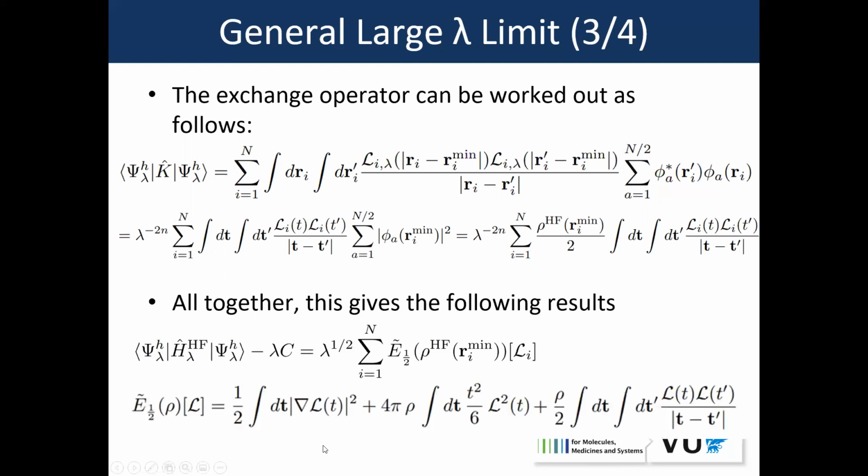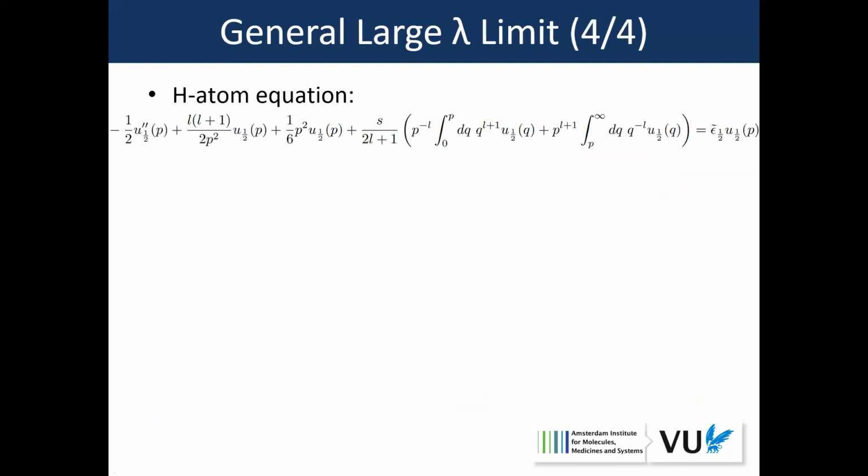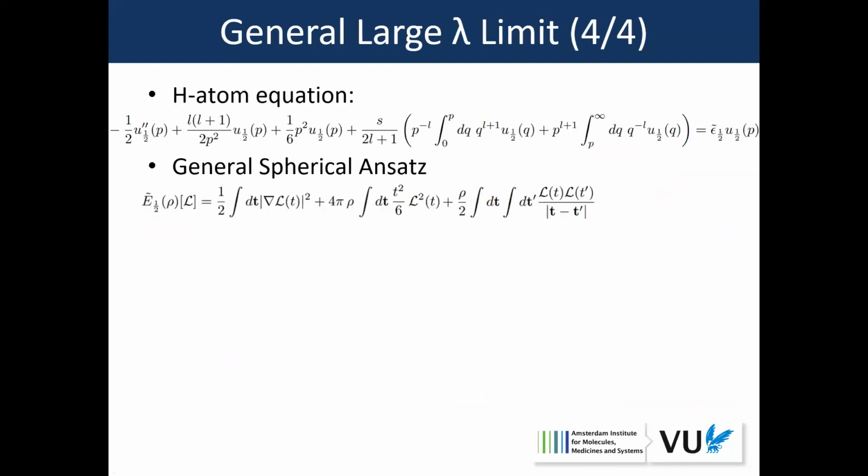which contains the kinetic energy here, the J here, and the K here. I'm maybe going a bit quickly, but maybe we can look back at the hydrogen atom and you see that it looks very similar to each other. For example, the first 2 terms are the kinetic energy. The second term, which has this 1/6, and then the density in front of it, which is now scaled in the P, but they look very similar.